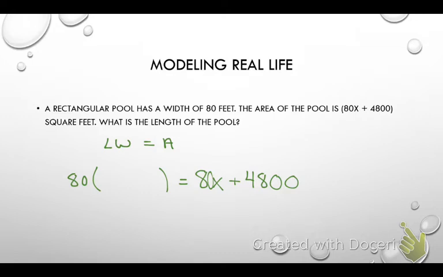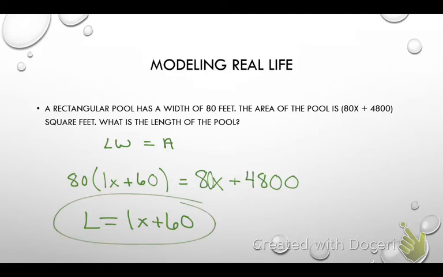What's 80 times what gives me 80x? 1x, right? And now I can do some division. What's 48 divided by 8? 6. Okay. Now, 2 of my zeros, 1 zero cancels each since I have 1 zero left over. That means I have 1 zero after the 6. So my length is 1x plus 60. This might be one where you want to fast forward the video and make sure you watch this example. And it's asking you to solve for length.